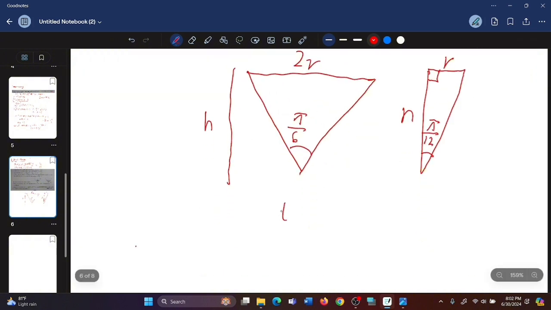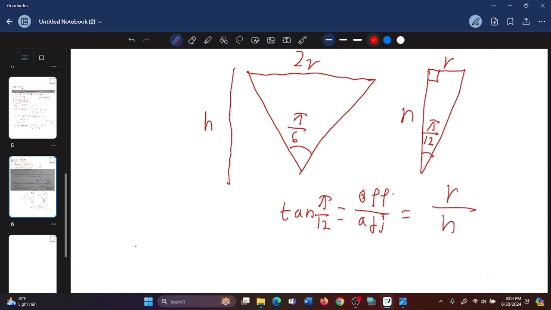Here I can say tan pi by 12 is opposite by adjacent. By adj I mean adjacent, and opp I mean opposite. So this opposite is r and the adjacent is h. Now I can easily find r in terms of h. So r is equal to h tan pi by 12.